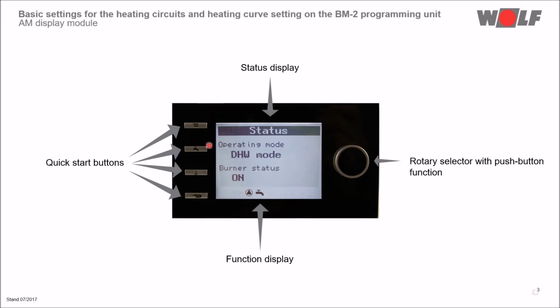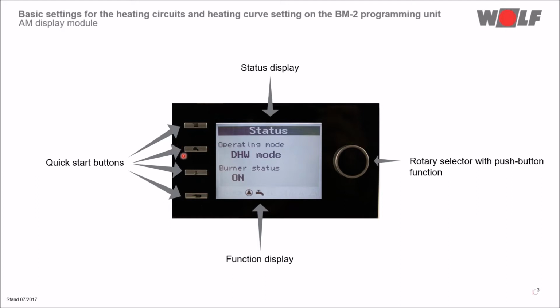Push button 1 changes the set temperature of the heating appliance. However, this push button is deactivated if the BM2 programming unit is used as a wall-mounted remote control or in cascade systems. Push button 2 changes the set temperature of the domestic hot water.